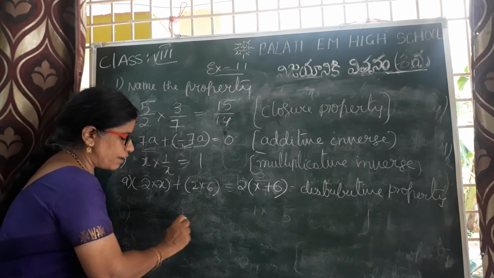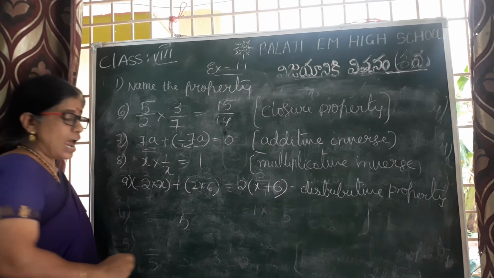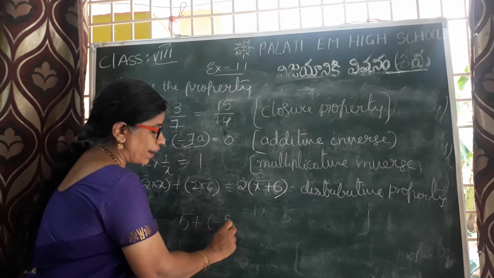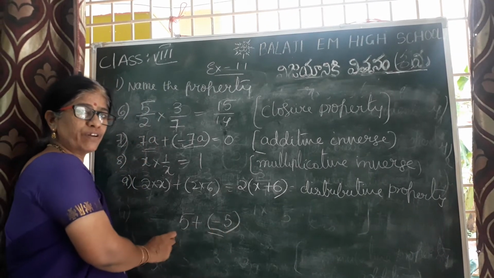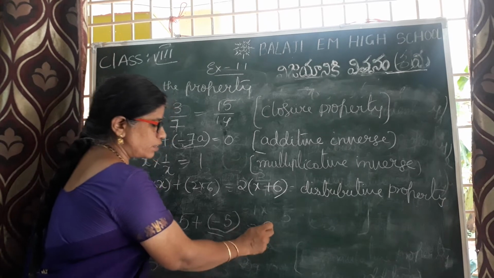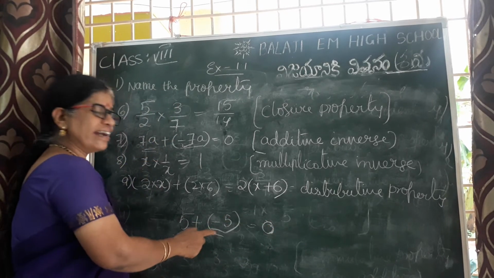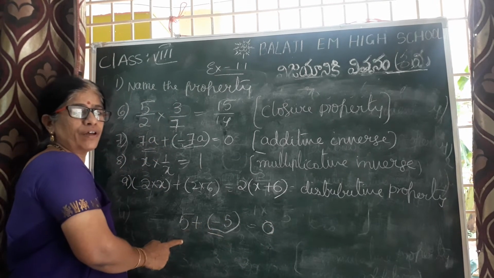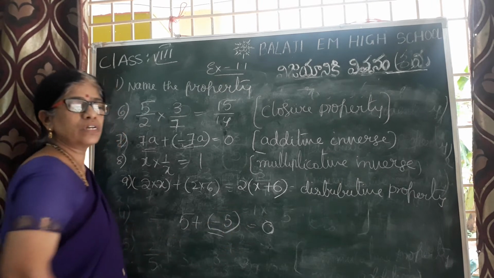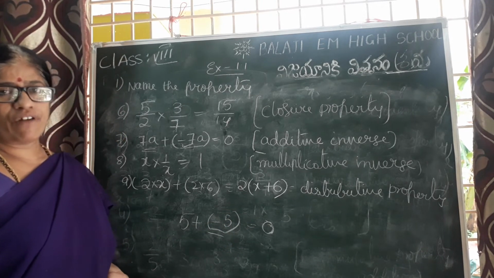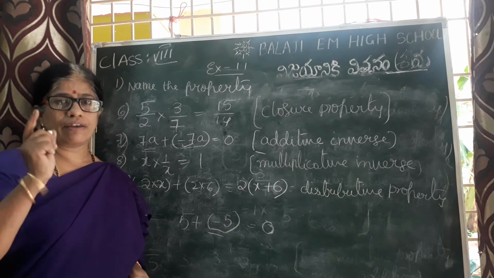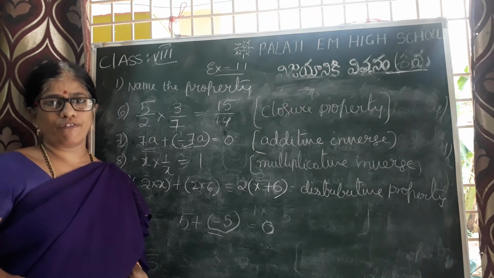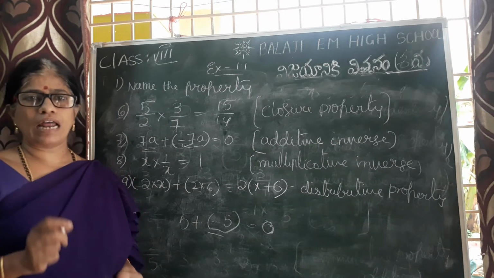Suppose you take 5 as your number and add minus 5 to it, because minus 5 is the additive inverse of it. Then you get 0. So if you add the additive inverse of a given number to the number, it obviously gives you 0 as your final answer. So when you are asked to write the additive inverse of a number, you should change the symbol and write it.